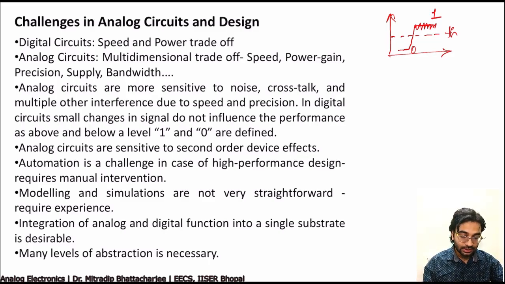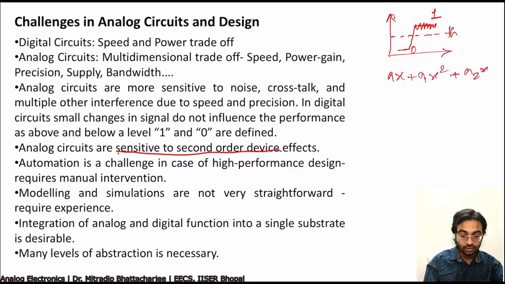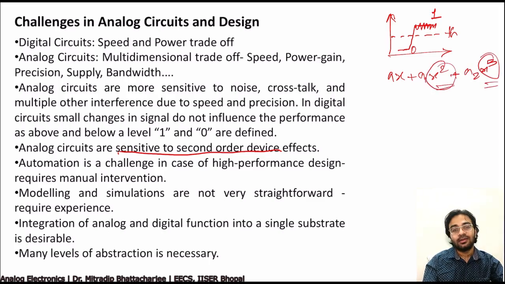Then analog circuits are sensitive to second order device effects. Now I will tell you why I have said this. Second order device effects means, say, your signal is A0x plus A1x squared plus A2x cubed, something like this. So these device effects may come.